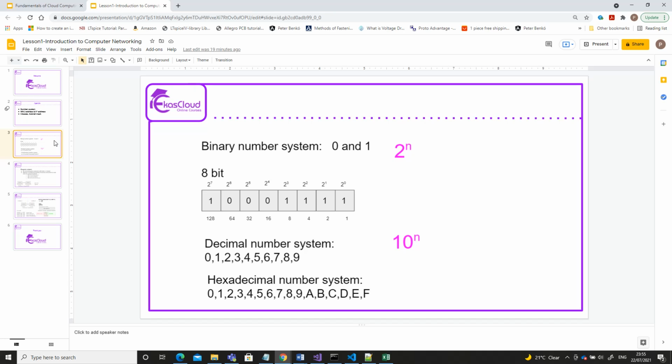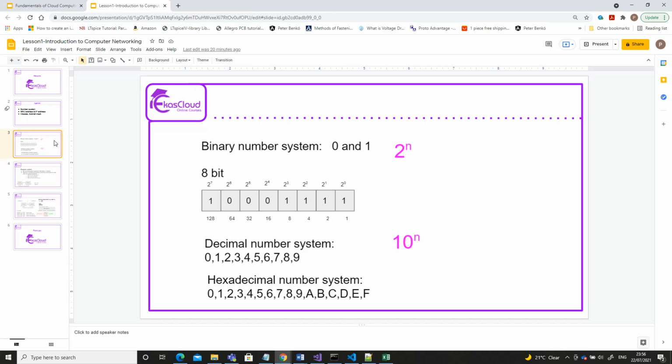If you want to convert these numbers from binary to decimal or vice versa, it is always good to keep in mind this format, where 2 to the power n or 10 to the power n, 2 is called the base value and n is the place value. The n is going to be the place where the particular digit is.